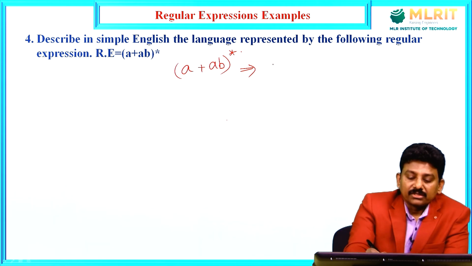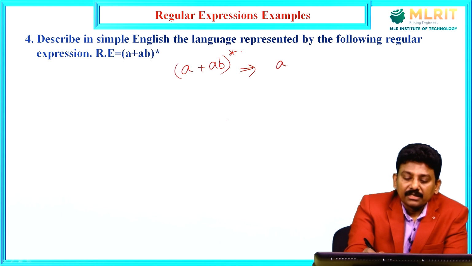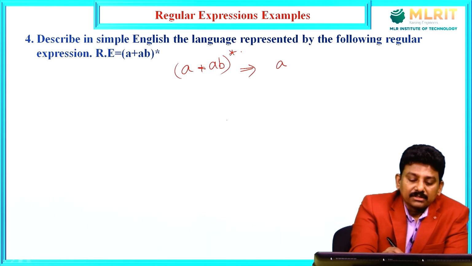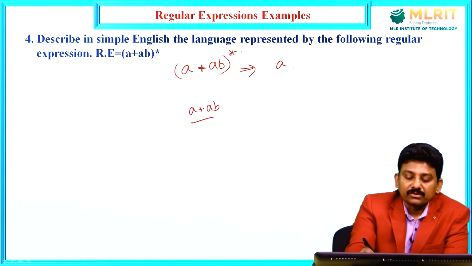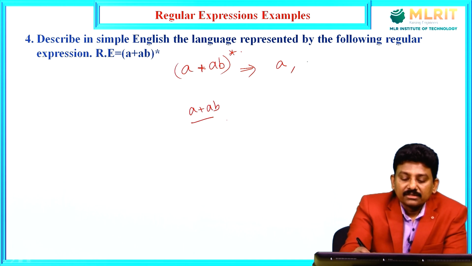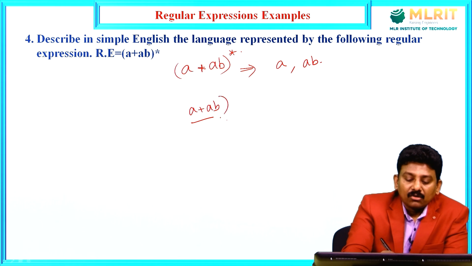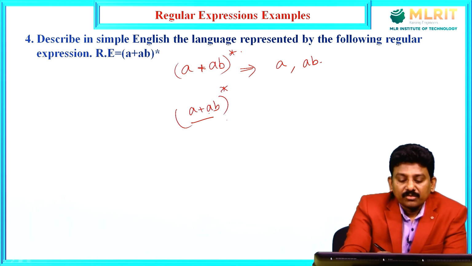See, from this regular expression we can generate A. So, A plus AB means either A or AB. So, we can generate A or we can generate AB. Whole star means repetition, 0 or any number of times repetition. So, with one time repetition you can get A or AB.